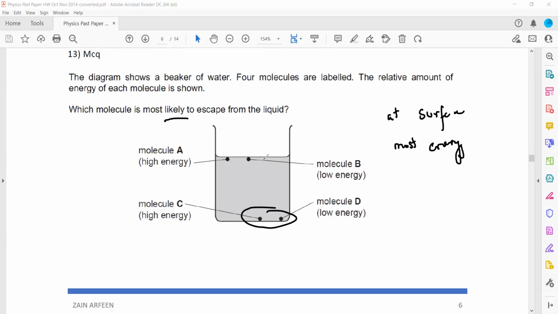So either A can be the answer or B. But because A is most energetic, A has a greater amount of energy, that's why A is likely to leave and go out from the water surface. So the most energetic molecules at the surface will likely leave the water during evaporation.